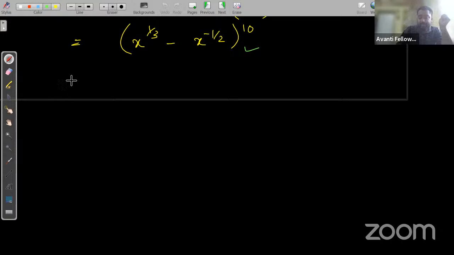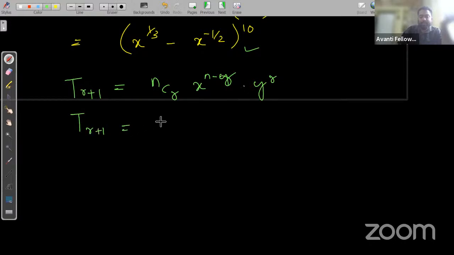That means first we need to find the general term. So what is the general term? Anyone can say what is the formula for the general term? That is nCr into x to the power n minus r into y to the power r. So in this case, what will happen? T r plus 1 will be 10 C r x to the power 10 minus r into, sorry.